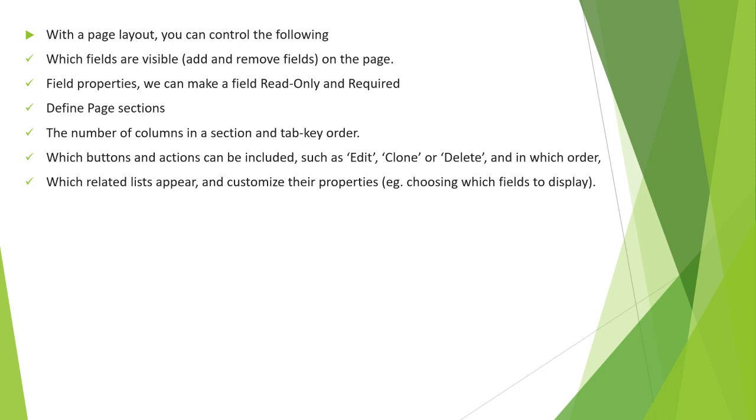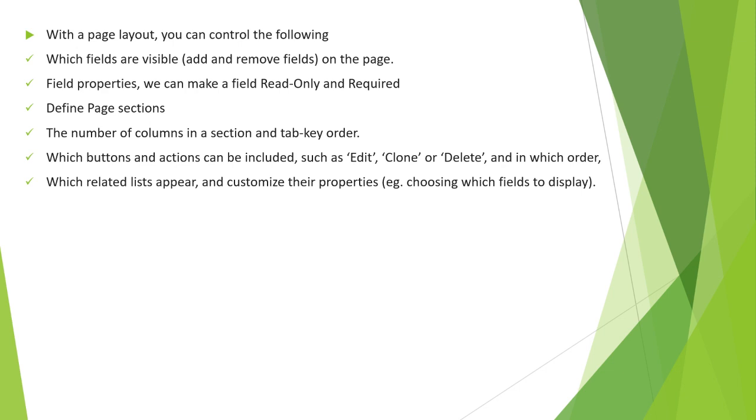What is an object record page? Whenever you go to any app, it can be a standard app like Sales and Service or any custom app. Once we create an app, we associate it with a tab which is related to an object.